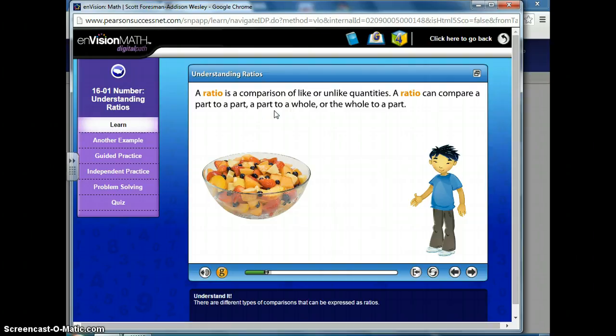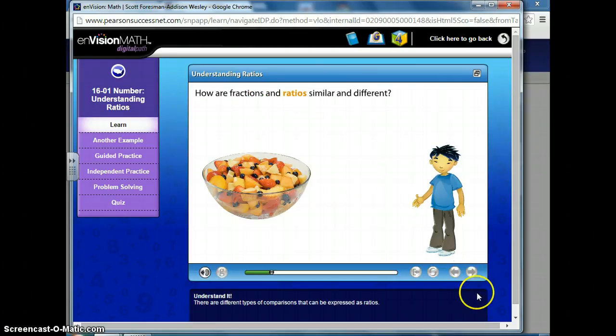Then you're doing the number of strawberries to the total number of pieces of fruit in the fruit salad. That's a part to a whole, which is also the same thing as a fraction, because the definition of a fraction is a part of a whole. Does that count the strawberries in it? Yes, yes. Or it can compare the whole thing to a part. And we'll go on and it should make a little more sense, I think.